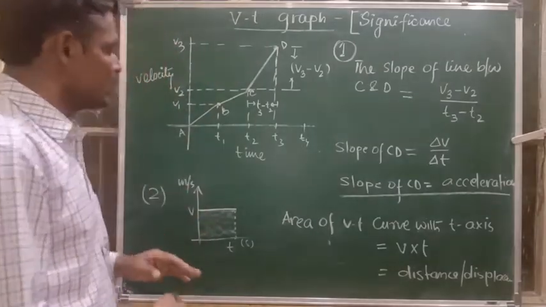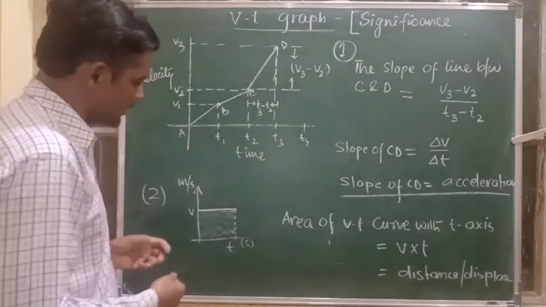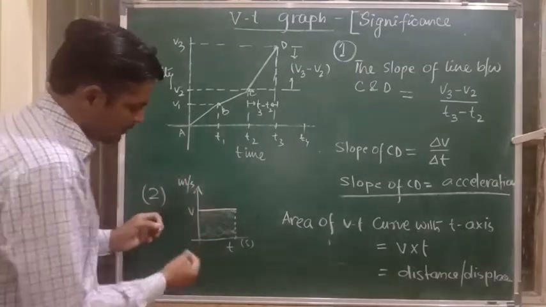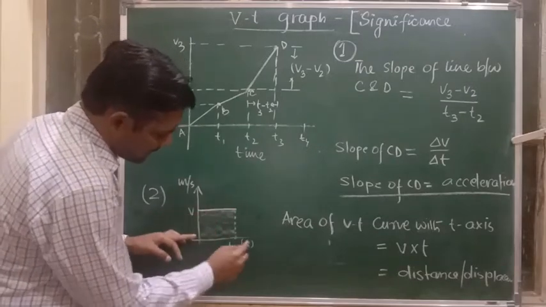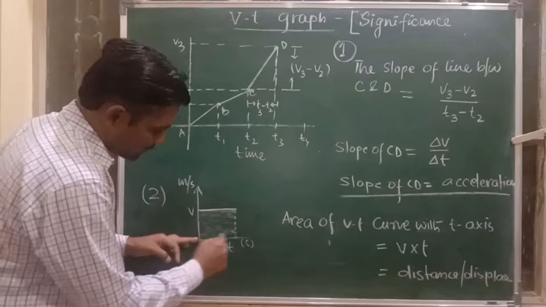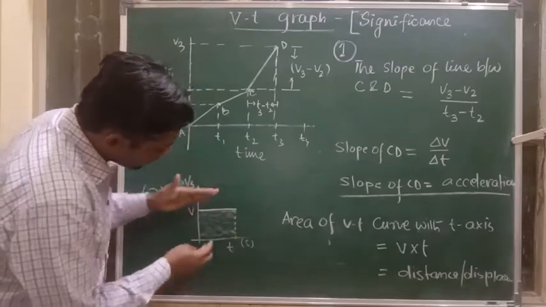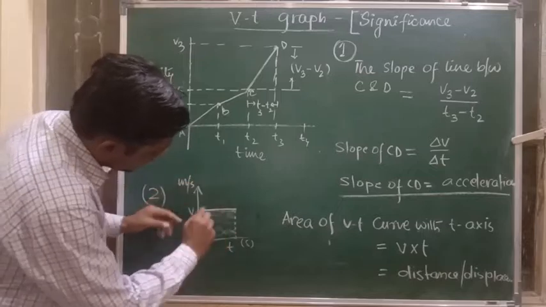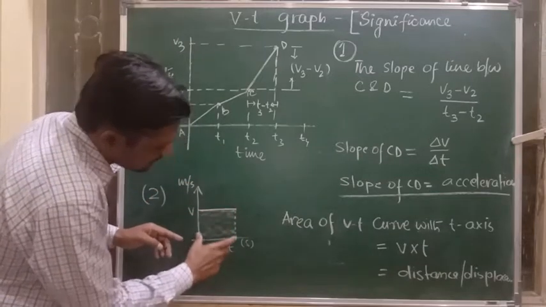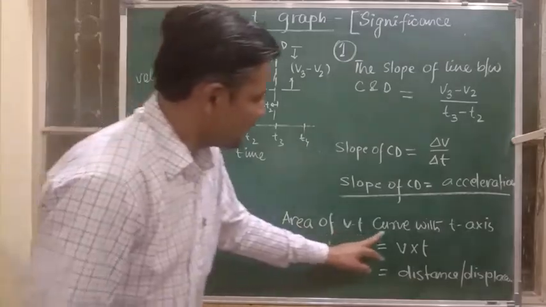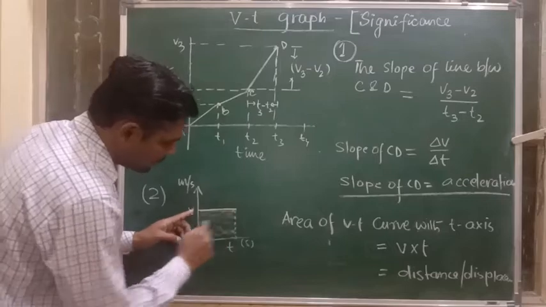The second importance: what we can get from the area of the VT graph. I have taken a simple VT graph in which the velocity doesn't change; up to instant t, the velocity remains constant. If I want to calculate this area, the area of the VT graph with the time axis, it is equal to length into breadth.